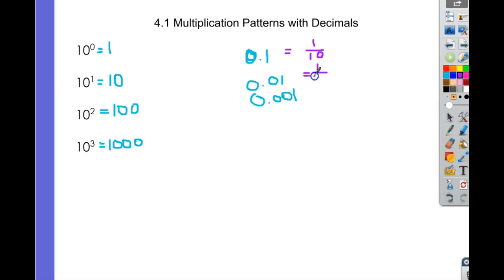Still the exact same value, but we're just writing it as a fraction. And 1/1000th would be written as 1/1000. Again, it's the same value, but we're just writing it as a fraction. And you can kind of hear it when you say 1/10, 1/100th, and so on and so forth. So that makes things a little bit easier.